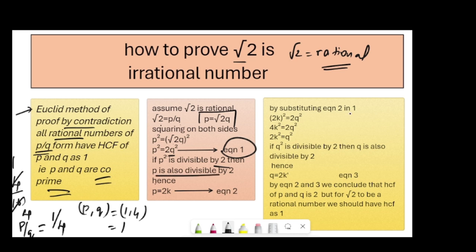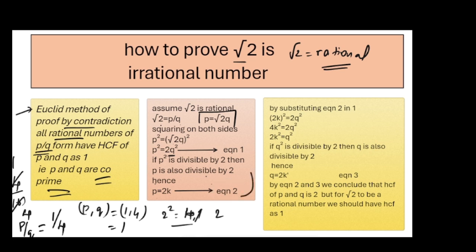Suppose we have 2 square, which is 4. Now 4 is divisible by 2, meaning 2 is also divisible by 2, correct? So if p square is divisible by 2, then p is also divisible by 2. Hence I'll write that divisibility as p equals 2k, and name it equation 2.